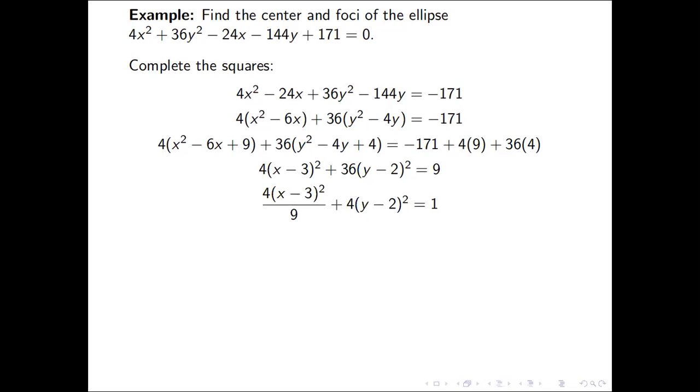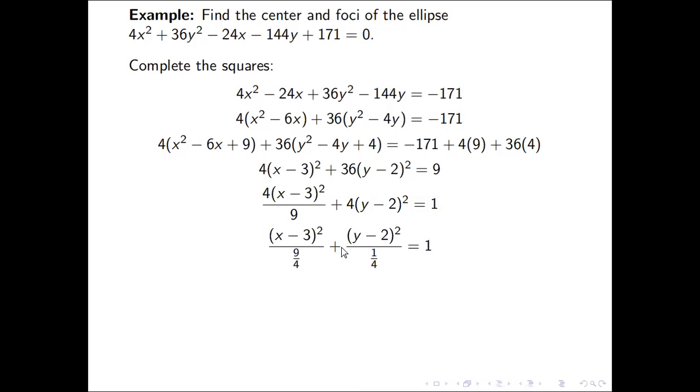So we divide by the reciprocals of the constants appearing here, 4 over 9 and 4. Getting x minus 3 squared over 9 over 4, which is just the same as times 4 over 9, and then y minus 2 squared over 1 over 4, which is just the same as 4, equals 1. So we have the general form here in standard form.